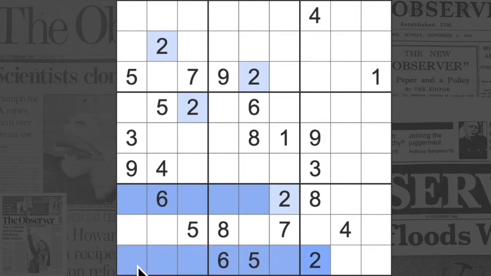Same for this 2 down in the bottom row; you can see that these 3 squares are blocked. And then when we look at the 2 up here, it blocks every other square in the column from becoming a 2, so we are left with one possibility only, this square here, where the 2 is not affected by intersecting 2s from outside.